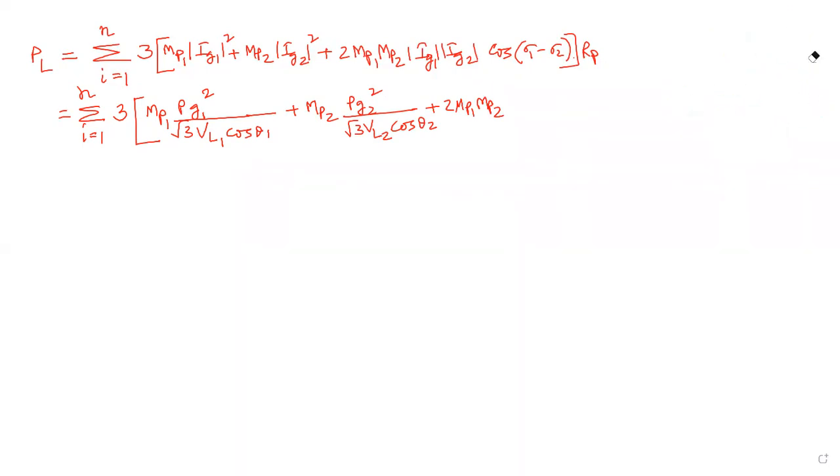We have I_G1 and I_G2, so it will be P_G1 P_G2 divided by, we have square root of 3 here and square root of 3 there, so it will be 3.